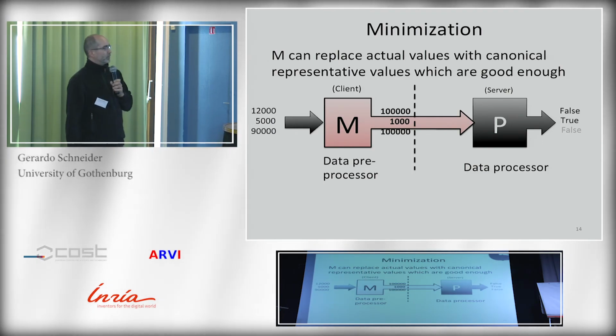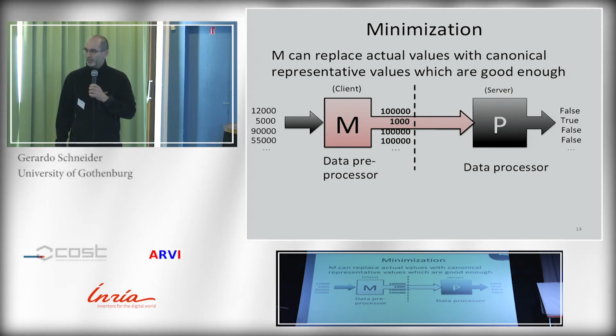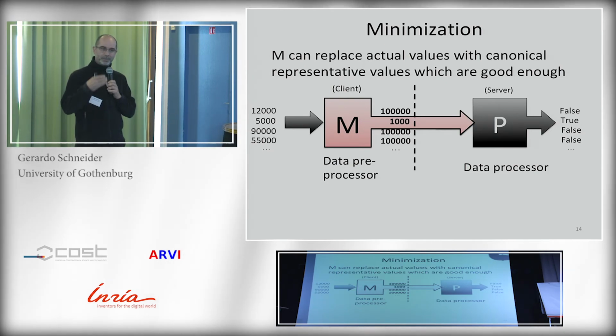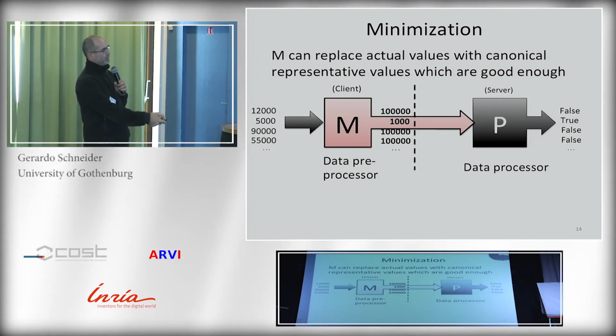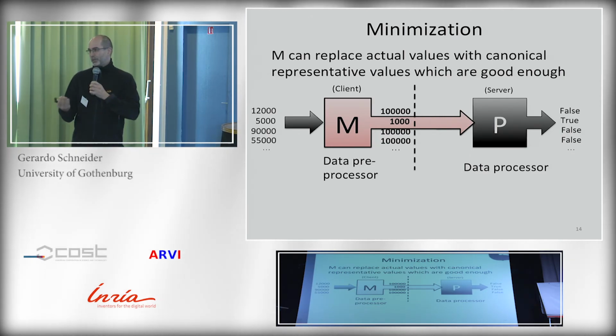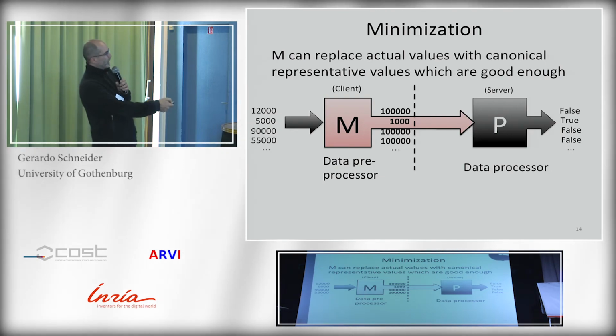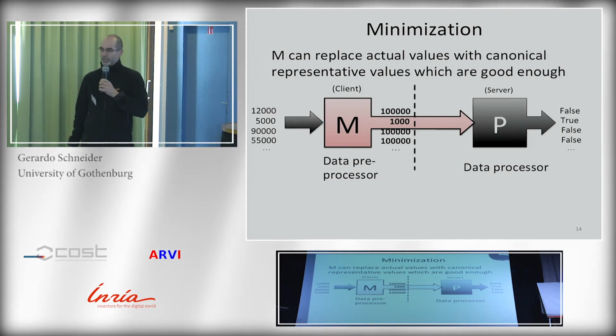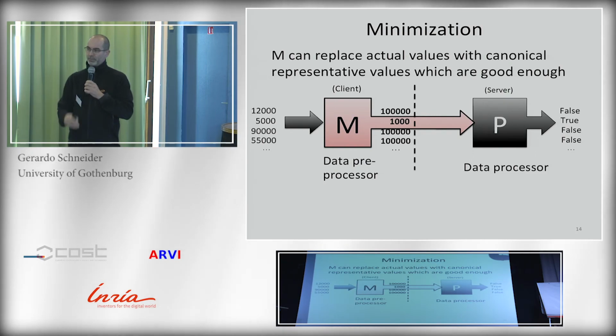And I always give the same representative. So I'm filtering the input, choosing a representative in such a way that if you now observe P, taking a look at the input and the output, you cannot disclose any information about the real input. You are minimizing data. Is it clear?